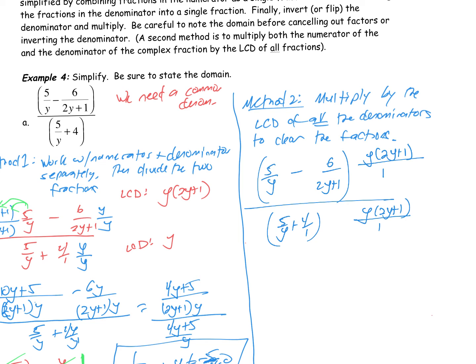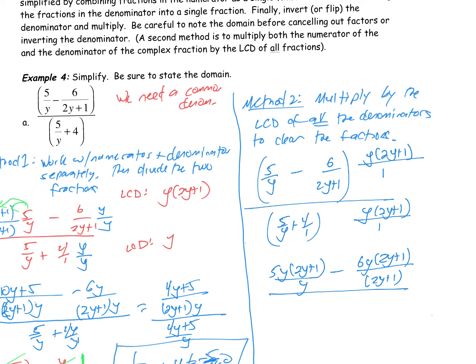And now we're going to distribute the y times 2y plus 1 to each of the fractions. So in the numerator, we're going to get 5y times 2y plus 1 over y. And then we're going to get minus 6y times the quantity 2y plus 1 over 2y plus 1.